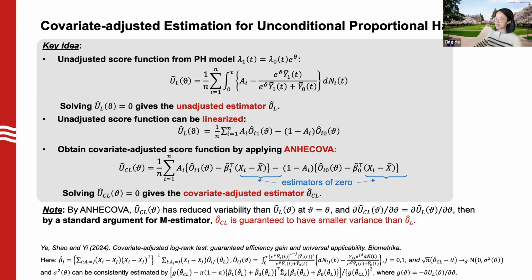So by a standard M-estimator argument, this estimator after covariate adjustment is guaranteed to have smaller variance than the original one. But it has the same interpretation as the original one and is valid under the same assumptions, the same censoring assumption.